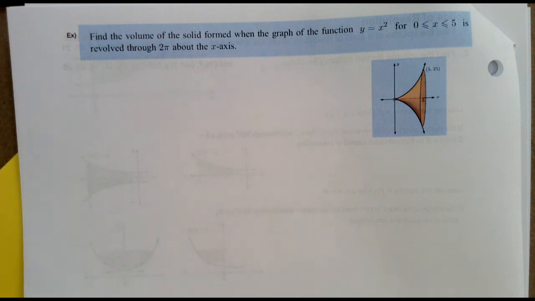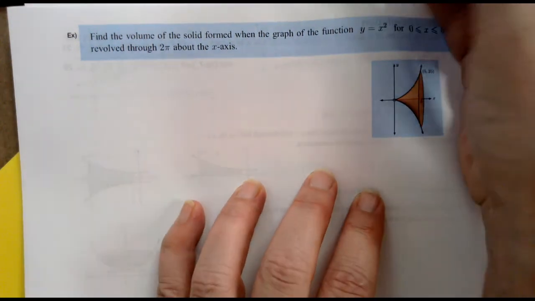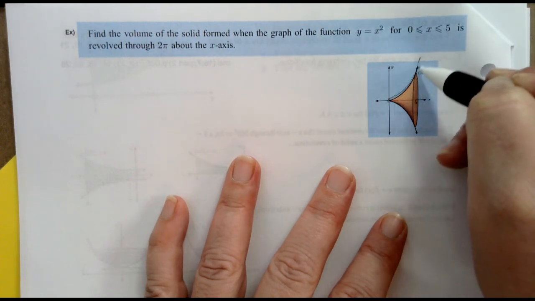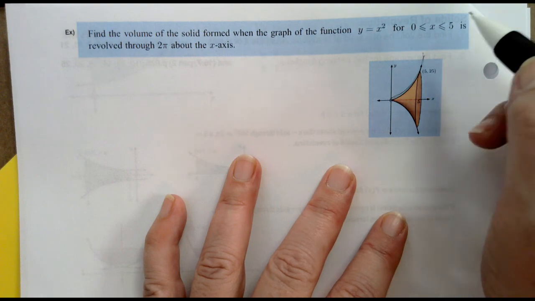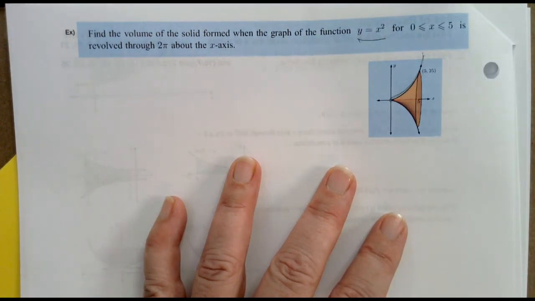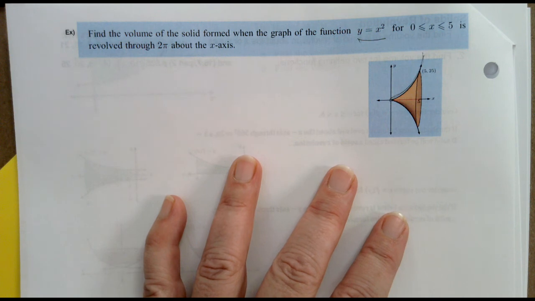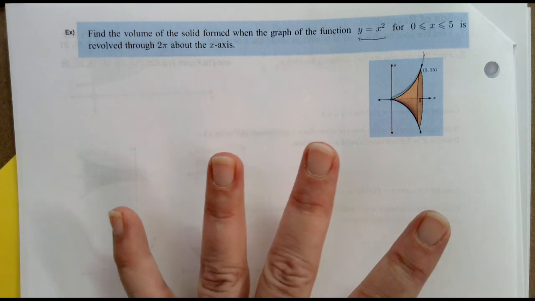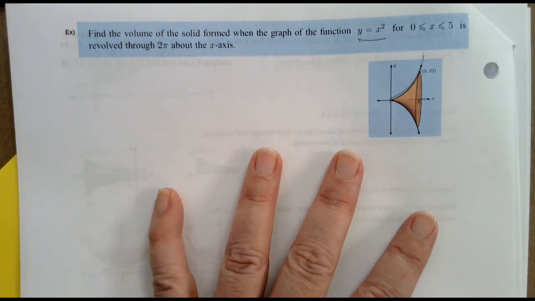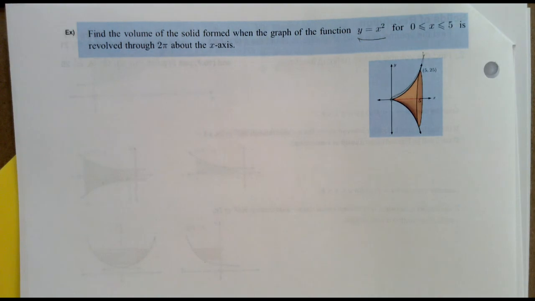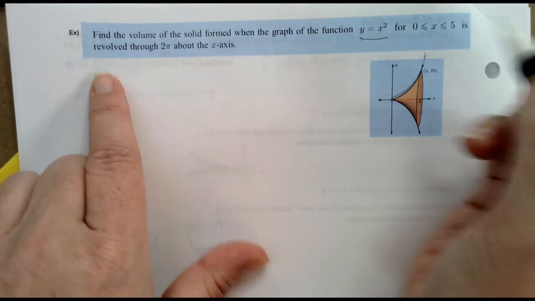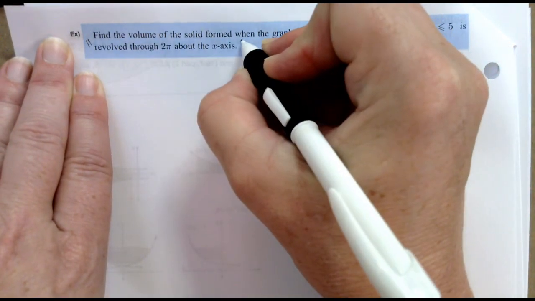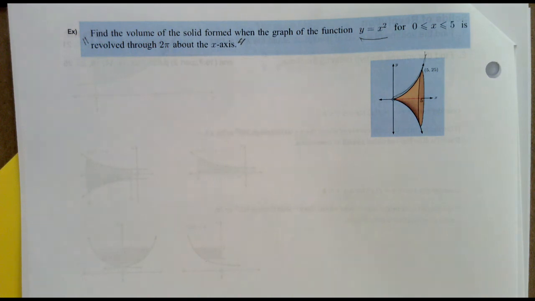Camille's a busy girl today. So, apparently this is y equals x squared. And we are going from 0 to 5. Now, I need you to look at something, okay? And it's the verbiage. And IB is very big on this verbiage. It is revolved through 2 pi about the x-axis.